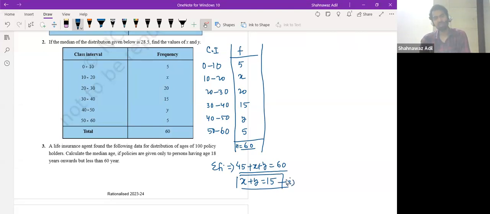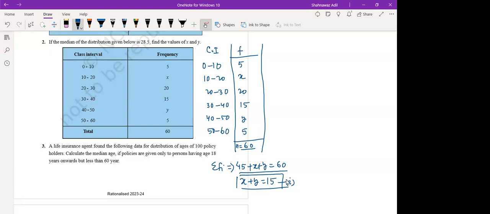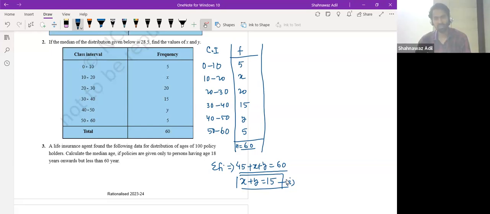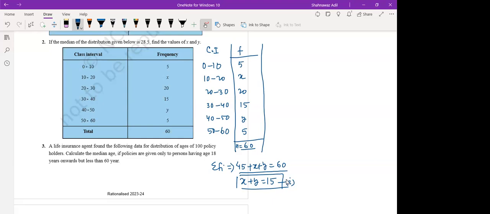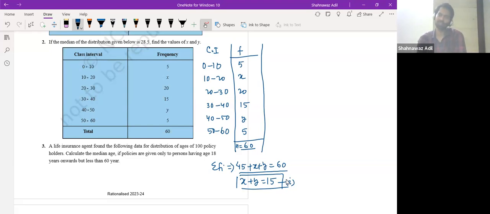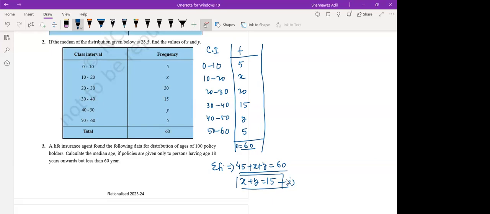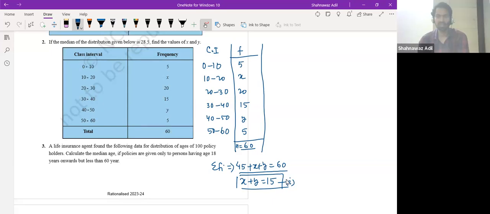And how many unknowns are there? Two unknowns. So how many equations do I need? Two. We learned in linear equations in two variables that we require a pair of linear equations. Whatever the number of unknowns, we require that many equations.